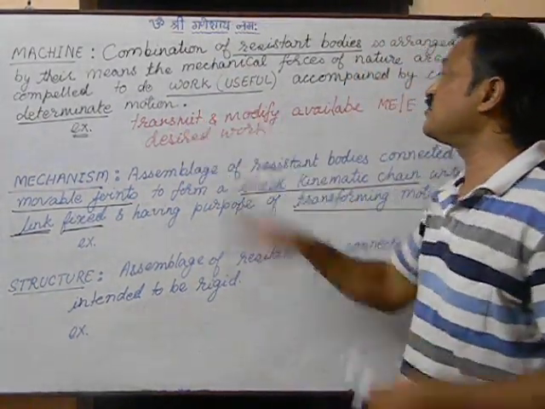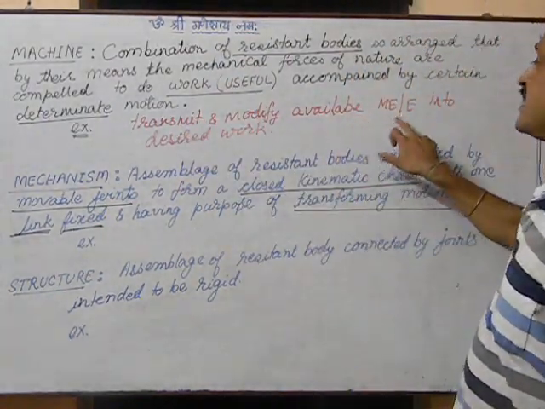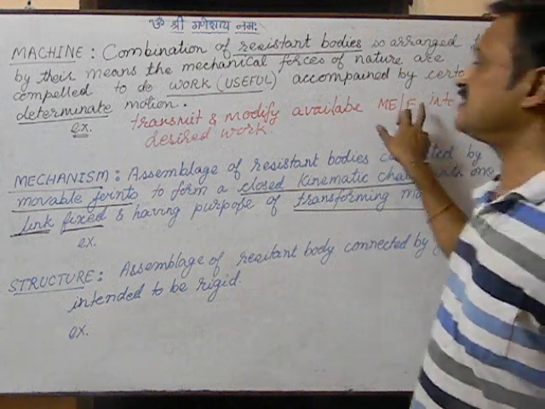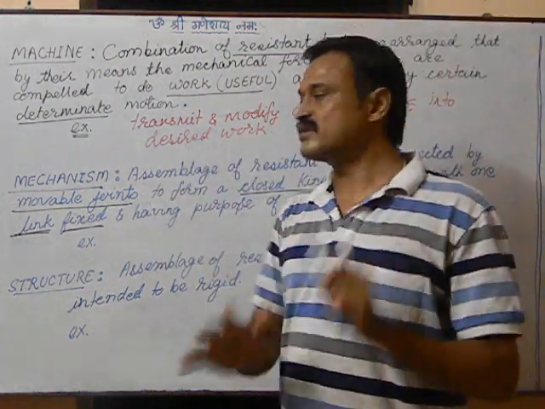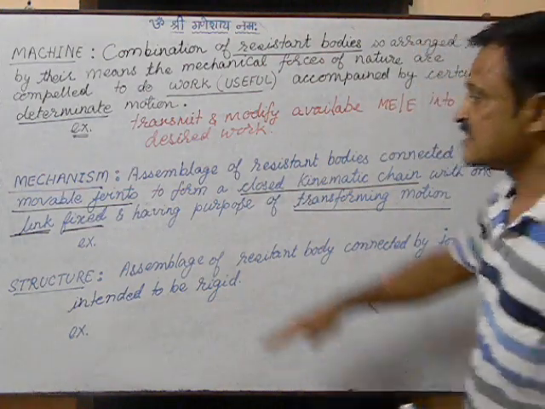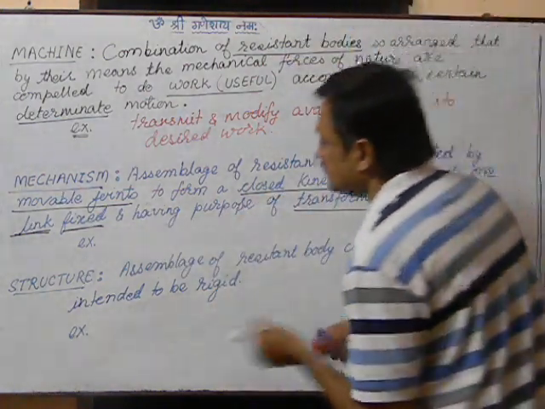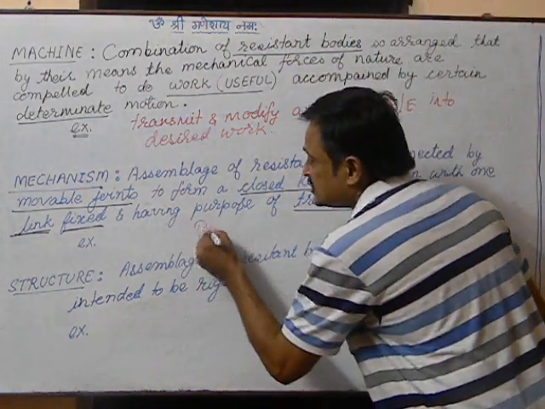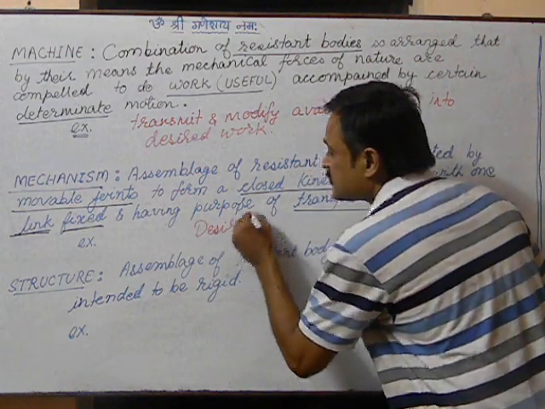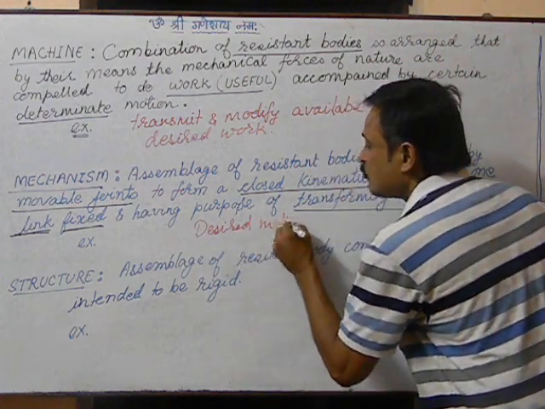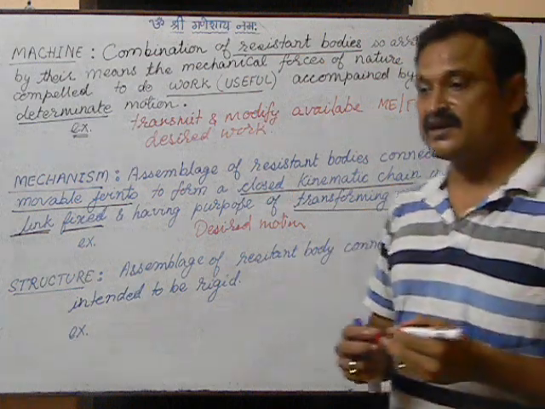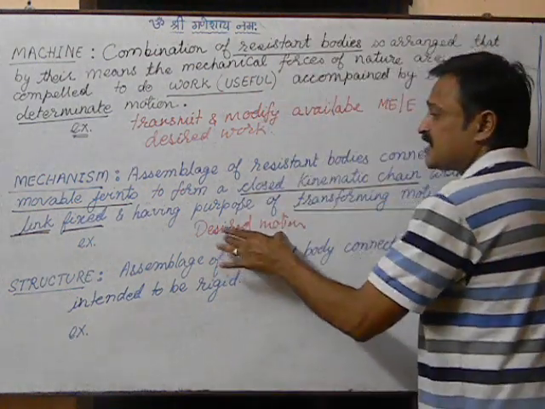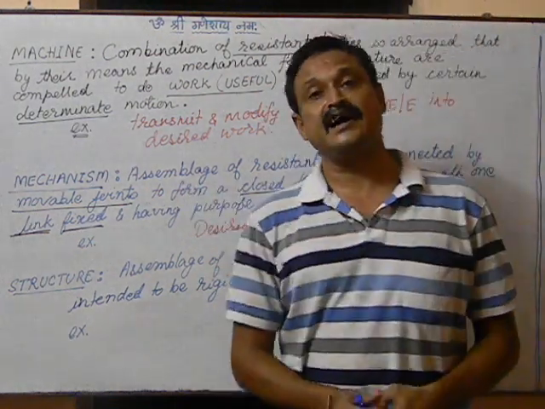It is transmitting or modifying the available mechanical energy, or for that matter any energy, into desired work, the work which I need to do. Whereas in case of mechanism, if you see, the intention is to achieve desired motion only. So purely our intention is to modify or to achieve desired motion.